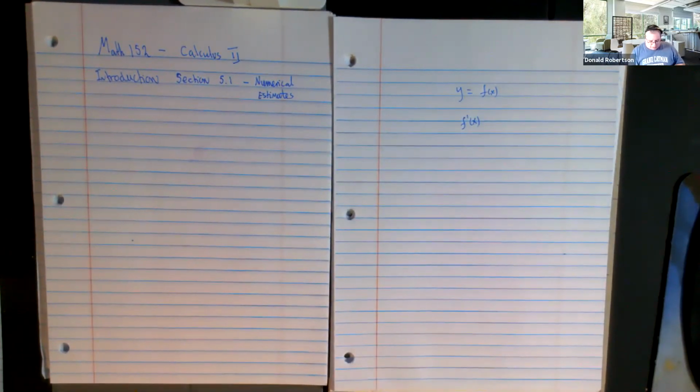And Calc 1 was about all the different techniques that we use to find derivatives. That was the first part of it. So we had product rule and quotient rule and chain rule and logarithmic differentiation and implicit differentiation, all that good stuff. And once we figured out how to differentiate, the second part of Calc 1 was, well, what can you do with this thing called a derivative?